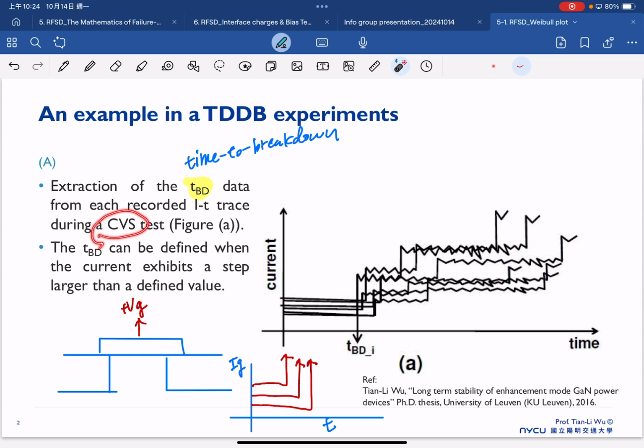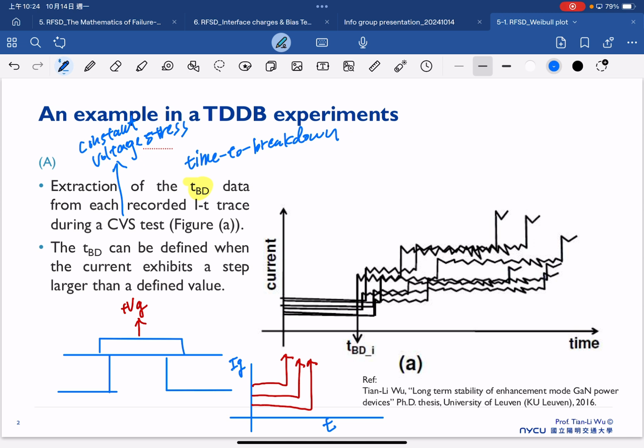CVS is constant voltage stress. So we give the constant gate bias and record the gate current versus the time here.